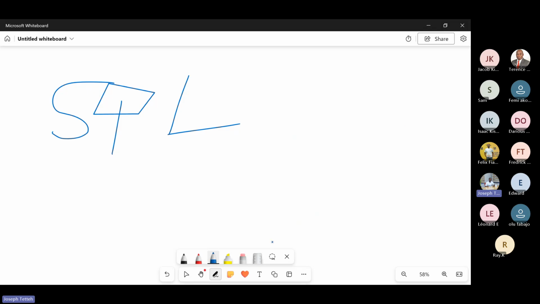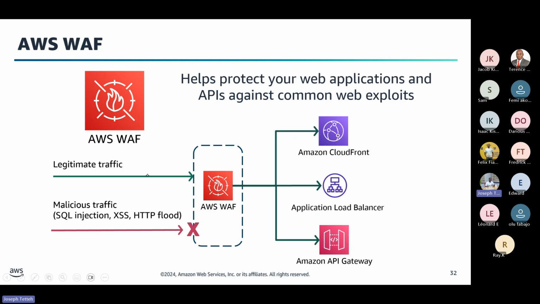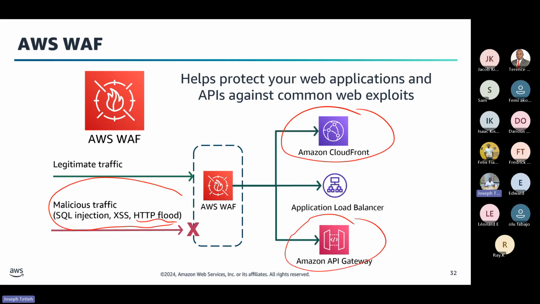It's a service that you can use to filter your traffic to protect against malicious attacks on your web applications. So it protects against SQL injection, HTTP flood, and all forms of attacks. It is integrated into services like CloudFront, Application Load Balancer, and Amazon API Gateway.